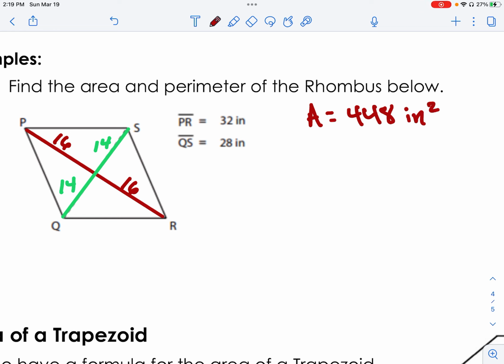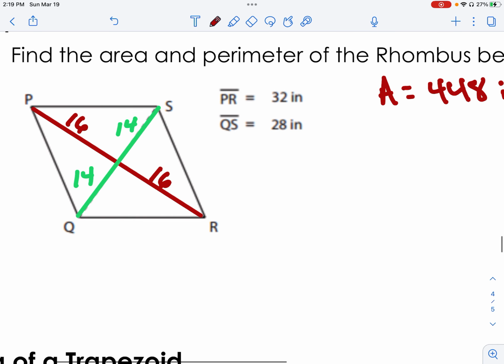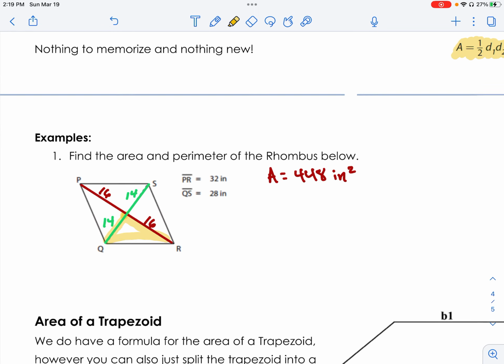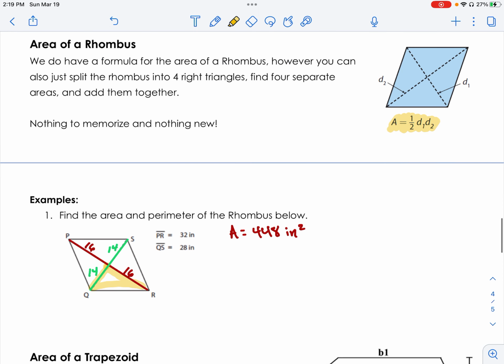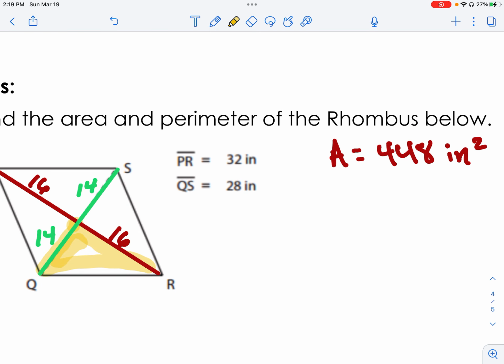But luckily for you, I was going to solve this again, in case you forget what exactly the formula is. Well, remember, it's just 4 right triangles here. As I said up here, you can split the rhombus into 4 right triangles, find 4 separate areas, and add them together. So here's our one triangle, and then you have another right triangle, and another.